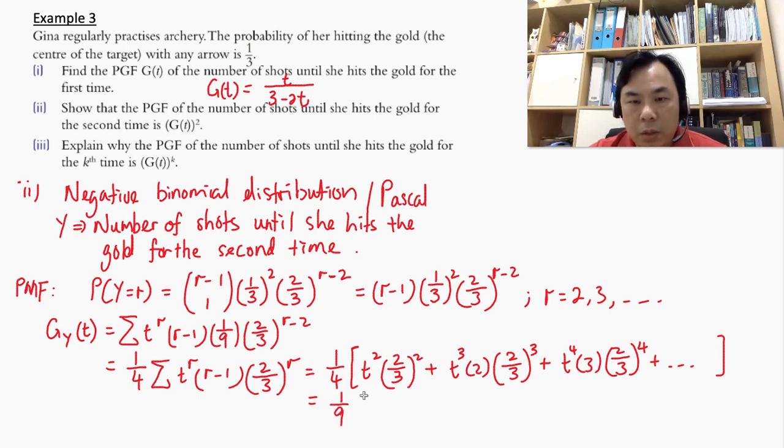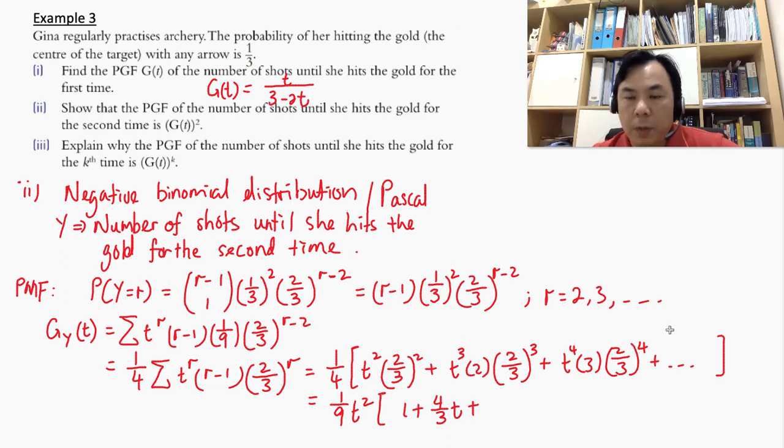I can also take out the t squared there. Okay, so that will be a 1. And then I have taken out the 2 over 3, so I only have 2 over 3. Therefore, there will be a 4 over 3. So I have taken out that. And then after that, what do we have here? I have taken out that 2 there.